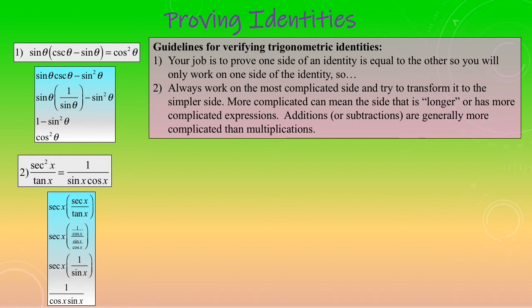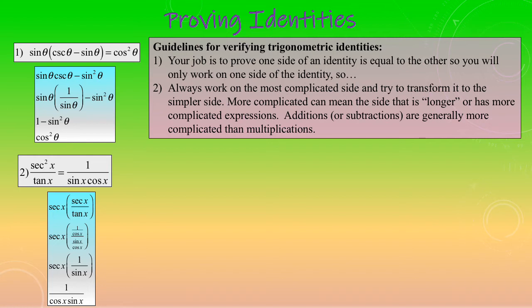So we will write the left side as secant x times secant x over tangent of x. The first secant of x we will keep, but we will write secant of x as 1 over cosine of x and tangent of x as sine x over cosine x.